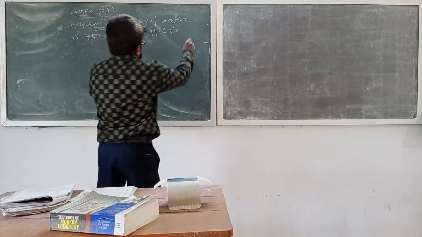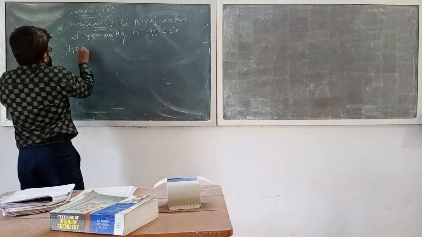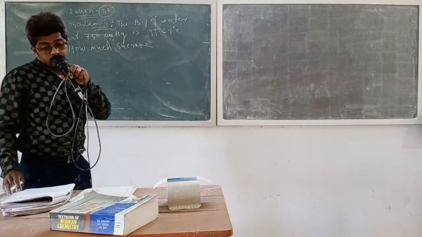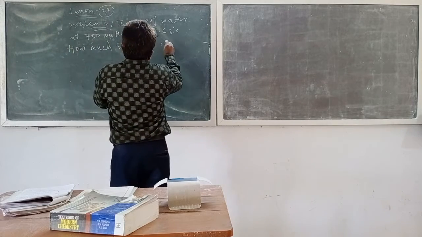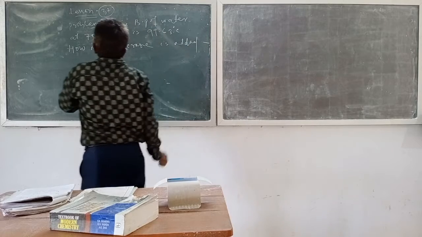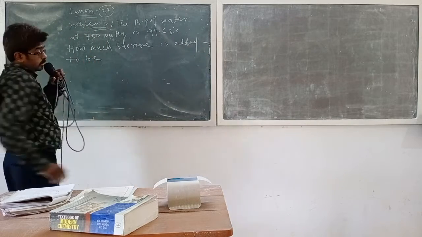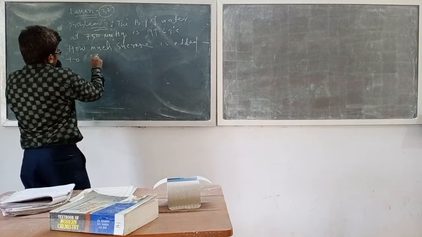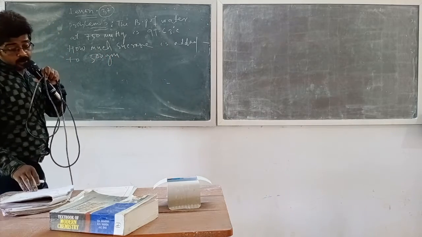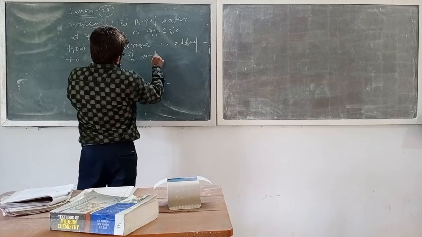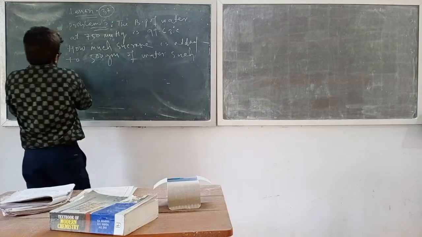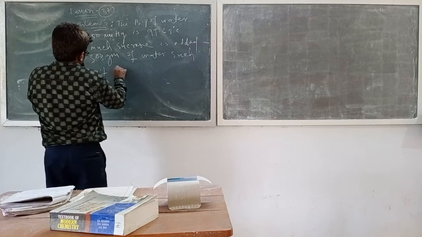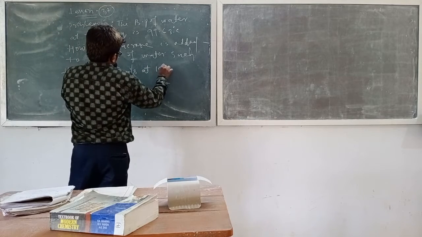How much sucrose is to be added to 500 grams of water such that it boils at 100 degrees Celsius.